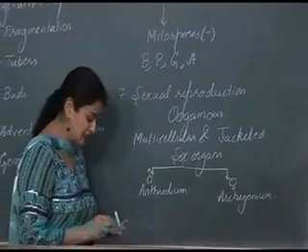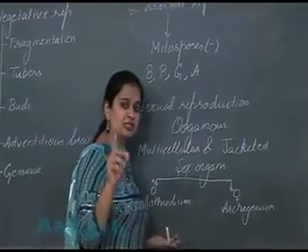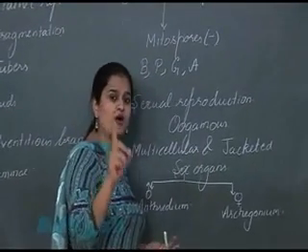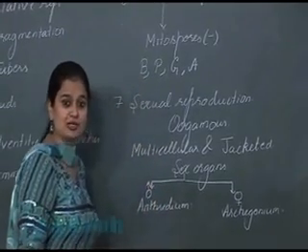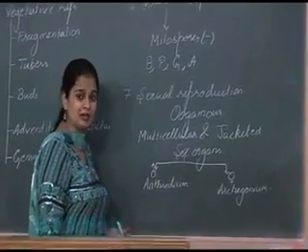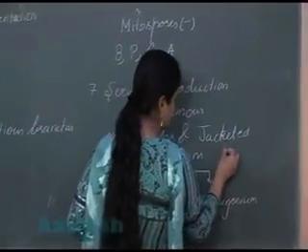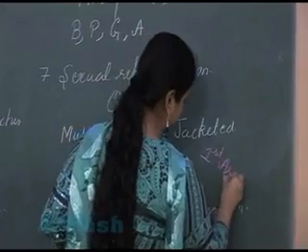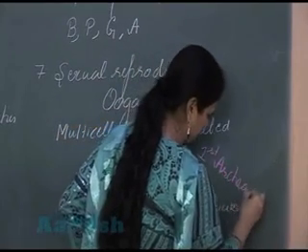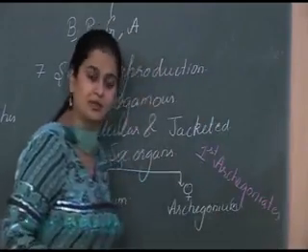So this female sex organ, that is archegonia, for the first time it is formed in the bryophytes. So this sex organ is formed for the first time in the bryophytes. That's why the bryophytes are known as first archegoniates, right?